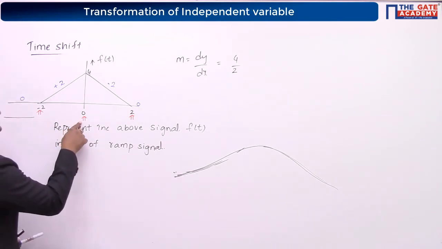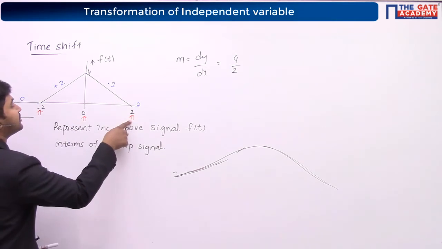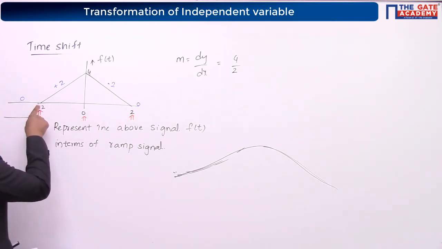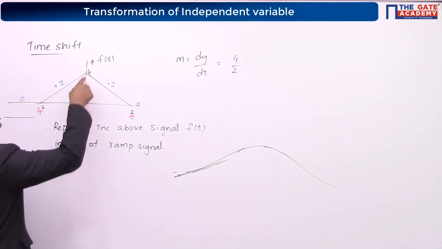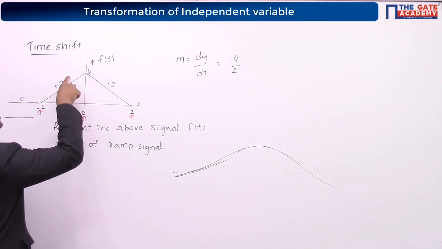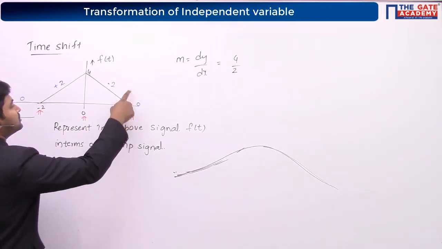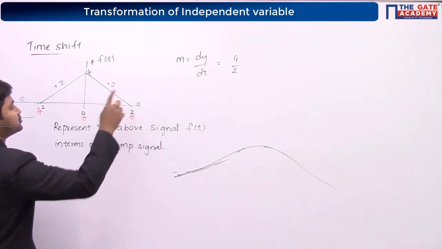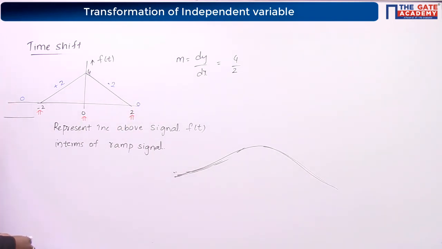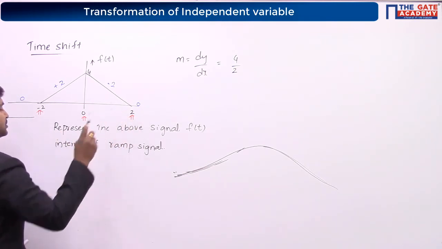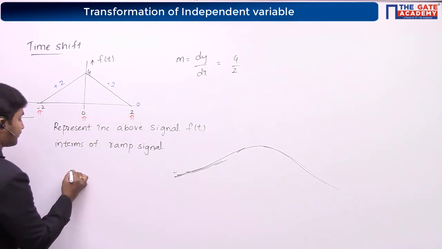Because I have identified 3 points where there is a sudden change in slope, because you can see that the slope is suddenly varying from 0 to 2 at a single point. And here at t is equal to 0, the slope is suddenly changing from plus 2 to minus 2. And again, at t is equal to 2, the slope is changing from minus 2 to 0. Okay? So, because I have identified the slope points, the ramp points, now I am going to write it in terms of ramp.